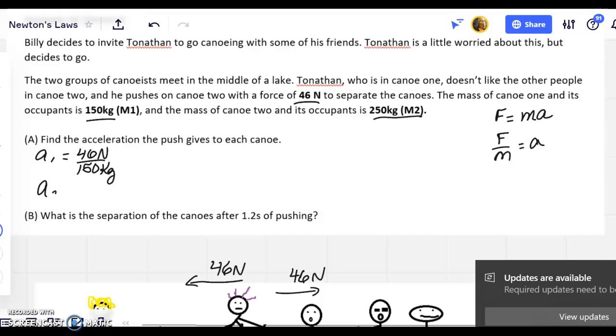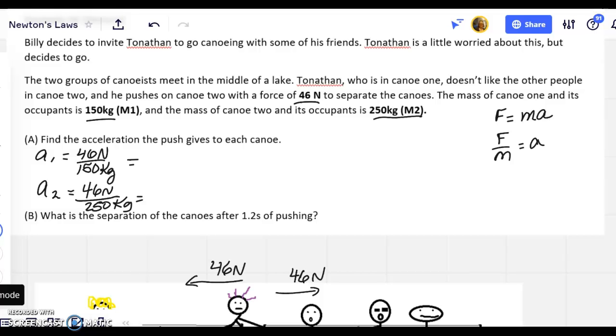The acceleration of canoe 2 is 46 newtons divided by 250 kilograms. So the acceleration for the first canoe is 0.31 meters per second squared, and it's to the left in our picture.